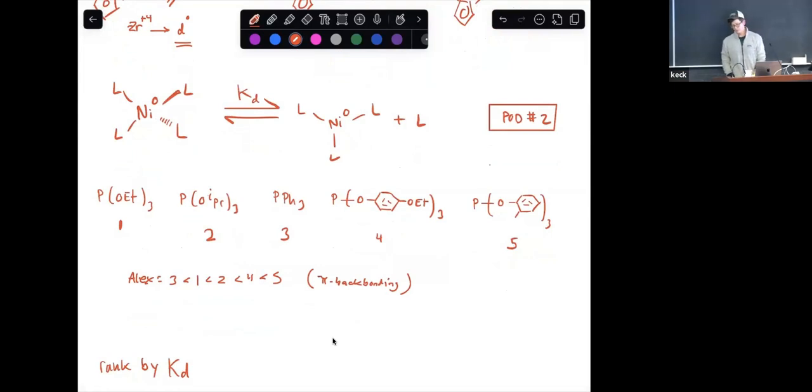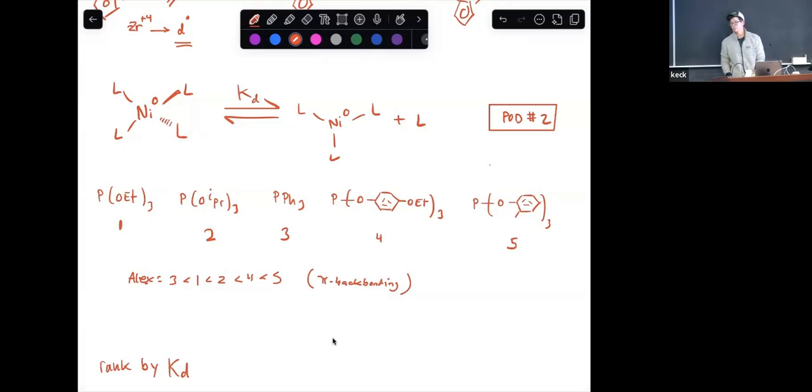Okay, so you're using pi back bonding as your predominant guider of this trend. Yeah. For the triphenylphosphine, I kind of look at the spectrum. Well, you're saying that in this analysis it's the worst back bonder? Yes. And that's right, I think.